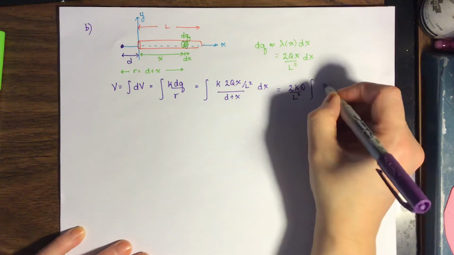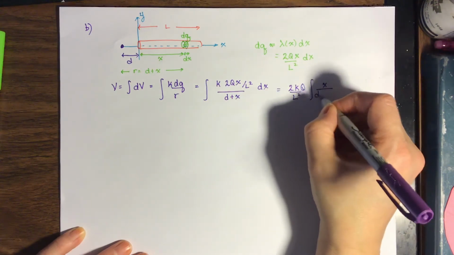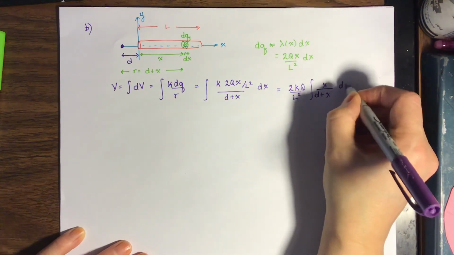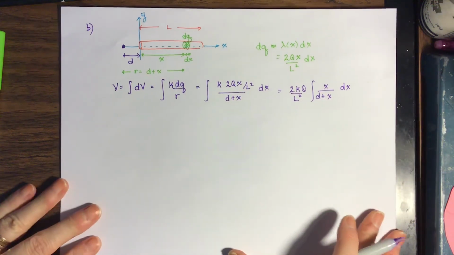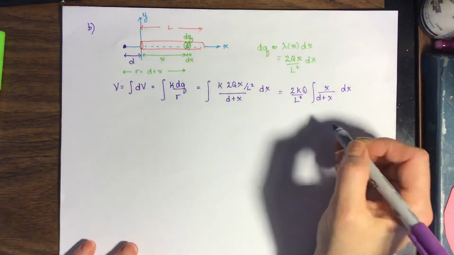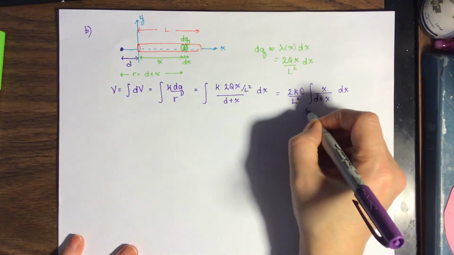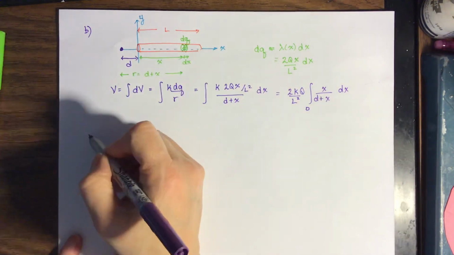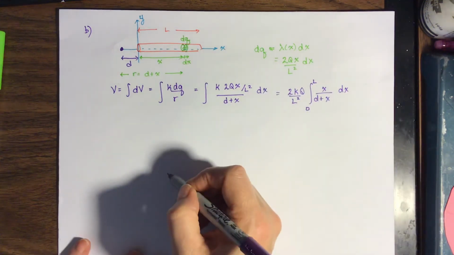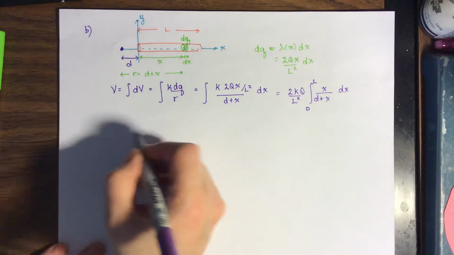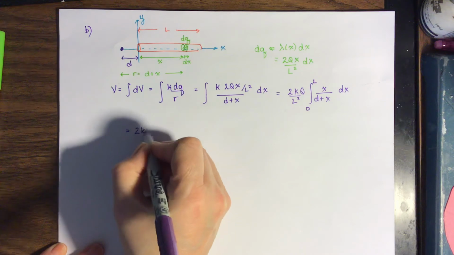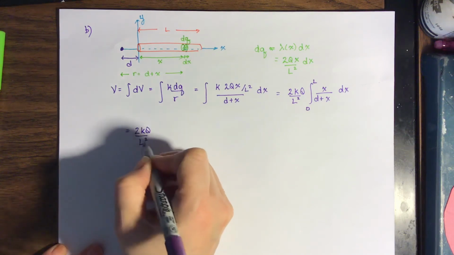So I've got the integral of x over d plus x integrated with respect to x. Okay, now I've got to get my limits of the integral on there. I'm going to start at one end of the rod where x equals 0. I'm going to stop at the last end of the rod where x equals L. So there's my integral. I'm at 2 times k times q over L squared.